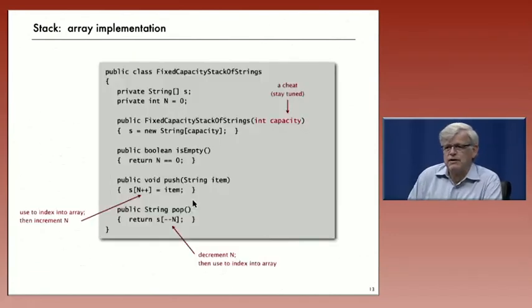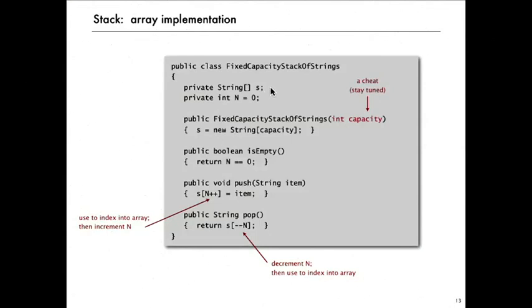All right, so here's the full implementation of stack using an array to represent the stack. Now we have an instance variable, which is an array of strings, and our variable n, which is both the size of the stack and the index of the next open position on the stack.